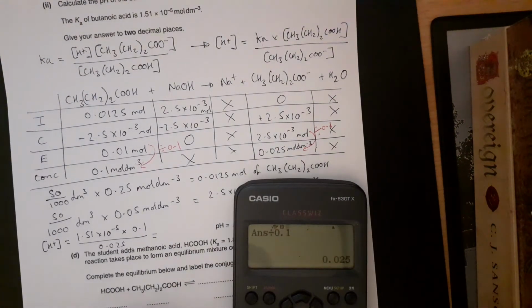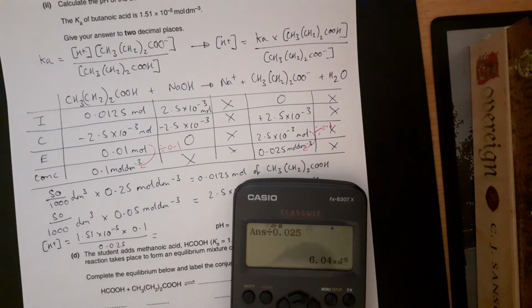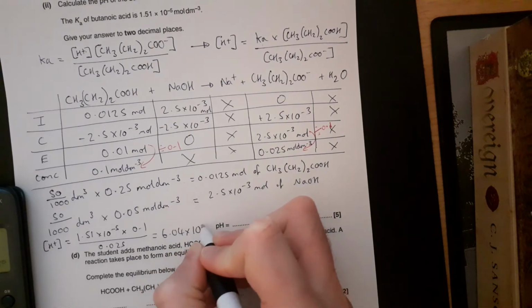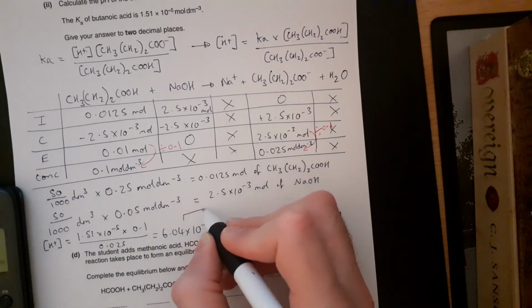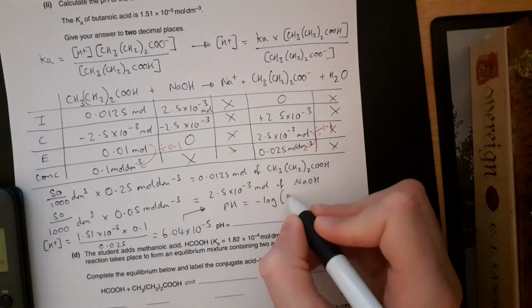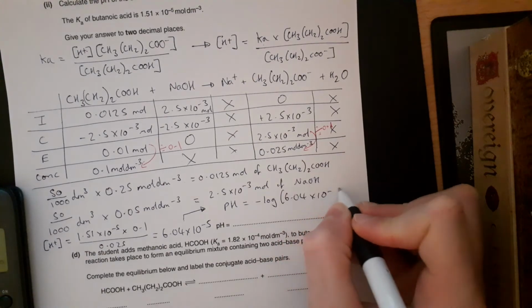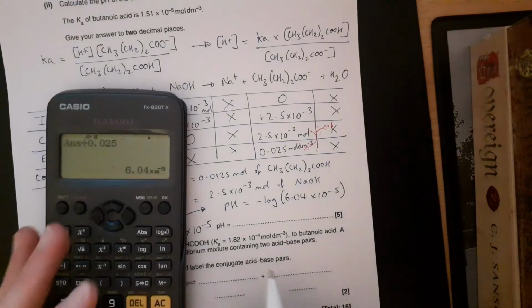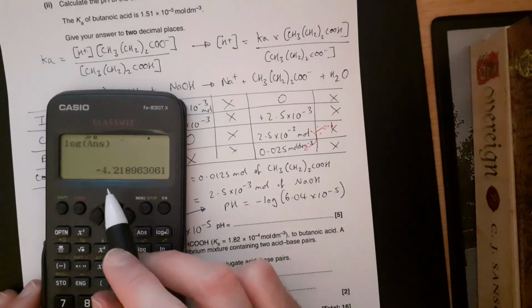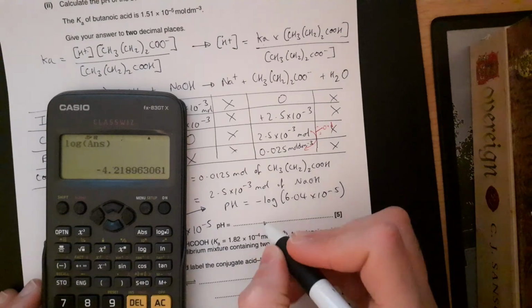So let's calculate that. 6.04 times 10 to the minus 5. And then we're going to use this to calculate the pH. The pH is going to be the negative log of this value, so we do the log of that answer and put a minus in front of it. So it's 4.22.